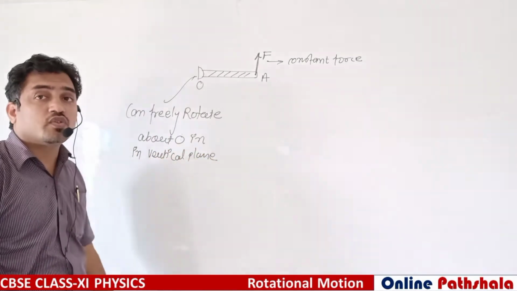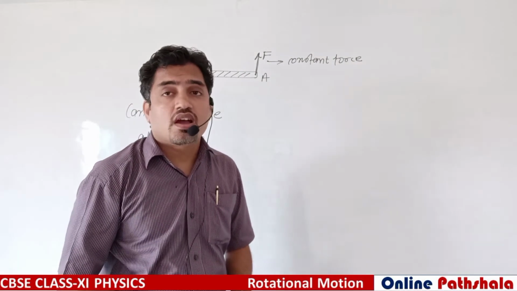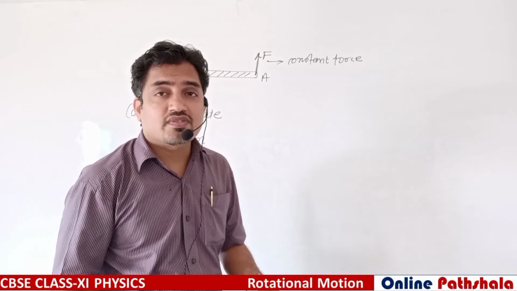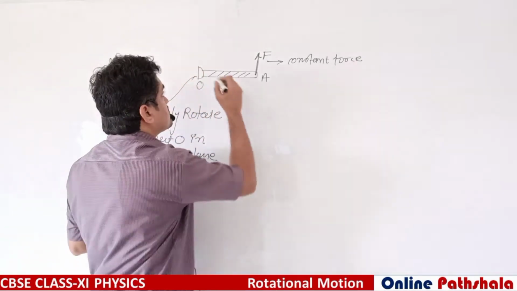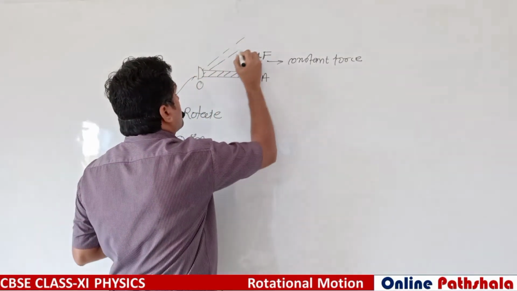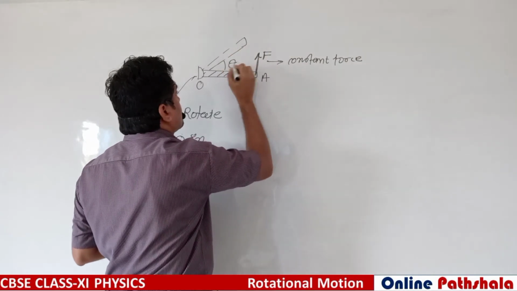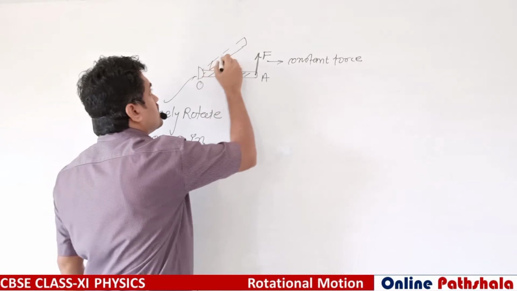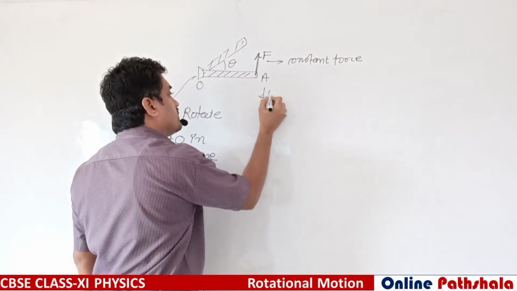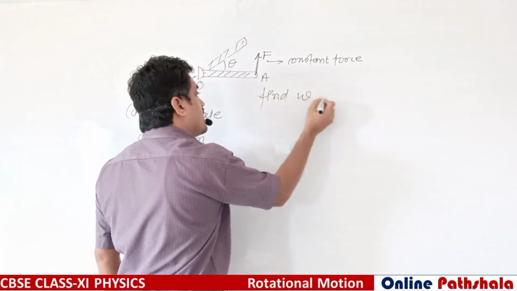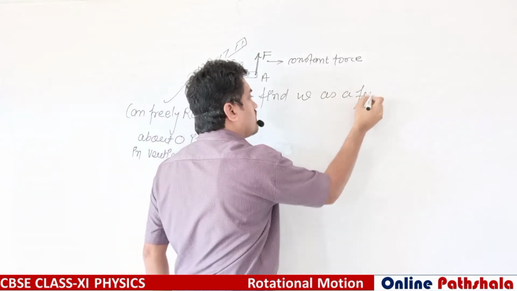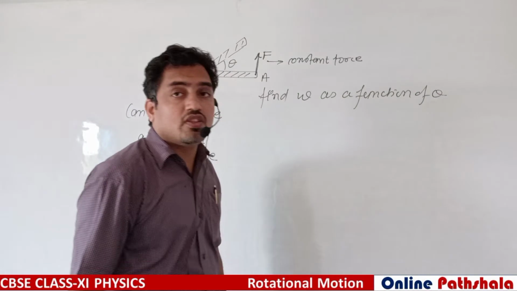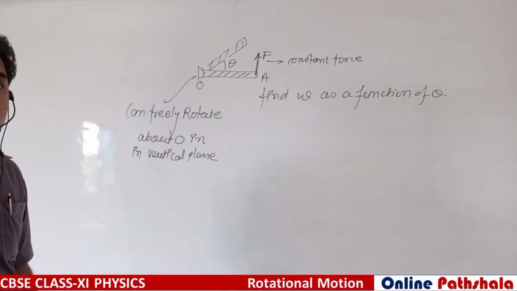We have to find the angular velocity of this rod as a function of theta. If this rod moves by angle theta, then find omega as a function of theta.